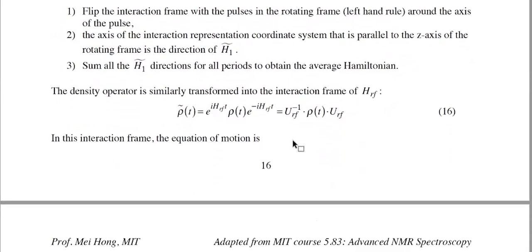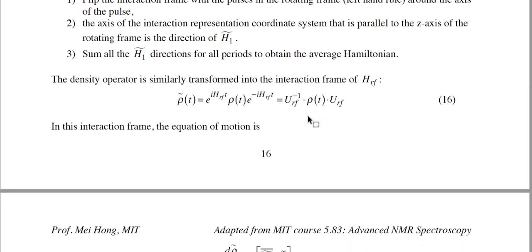There's a second part to this transformation into the interaction frame defined by the RF pulse, and that is, again, you have to deal with the density operator describing the magnetization, and it's the same idea. You say rho tilde now is equal to rho in the rotating frame, sandwiched by e to the I H_RF t before and e to the minus I H_RF t after.